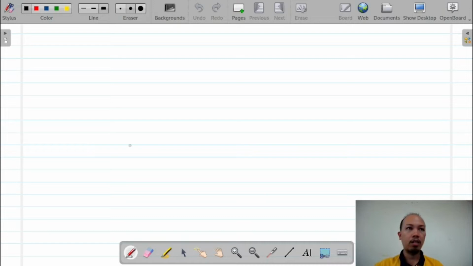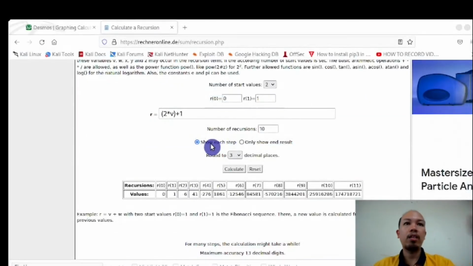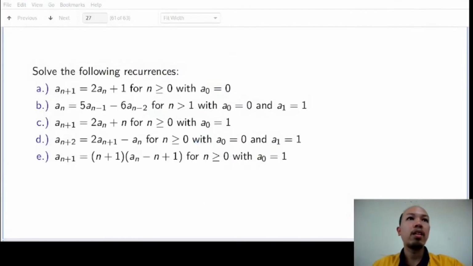Sorry, I think I already disabled my open board. So anyway, in this example, just replace n by n minus 2 here, n by n minus 1, and adjust the starting values. Okay, so that's how you are going to use this calculator.